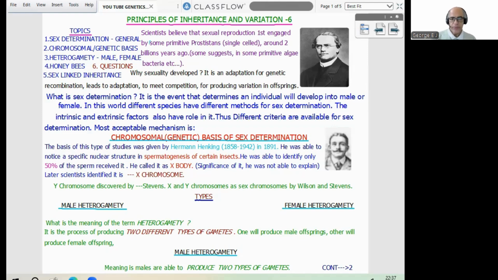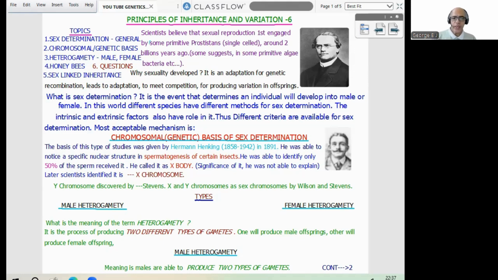Scientists believe that sexual reproduction was first engaged in by some primitive protistans, single-celled organisms, almost 2 billion years ago. Some suggestions say that in some primitive algae and bacteria, sexuality came early. That is regarding the origin of sexuality.